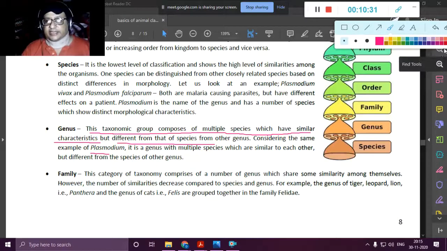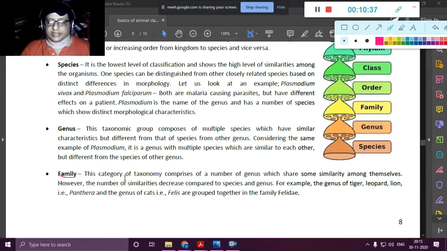So the next category is that of the family. This category of taxonomy comprises a number of genera which share some similarities among themselves.